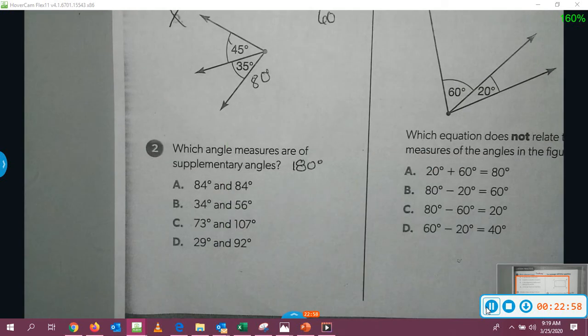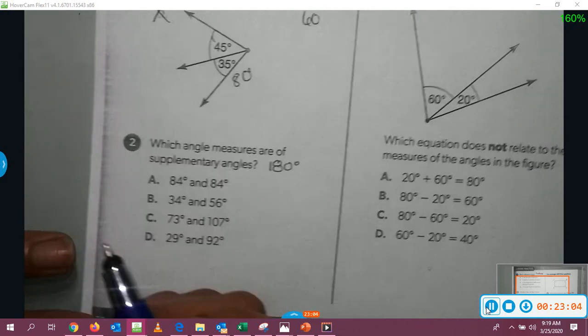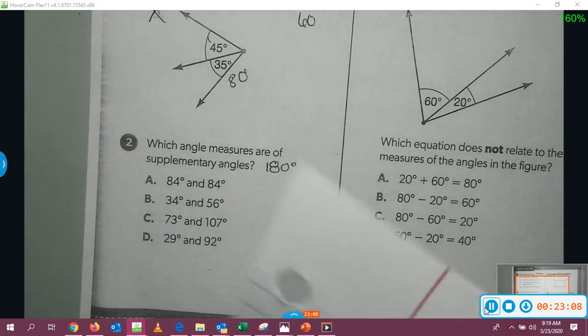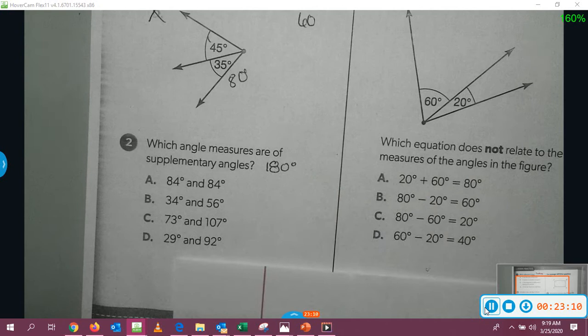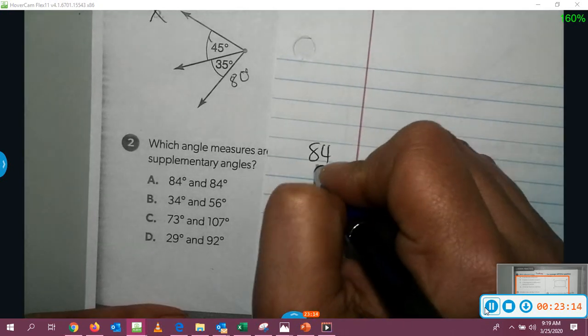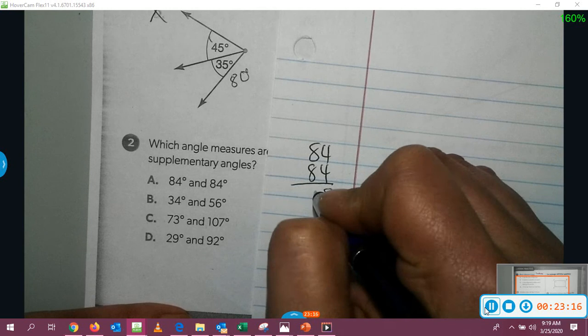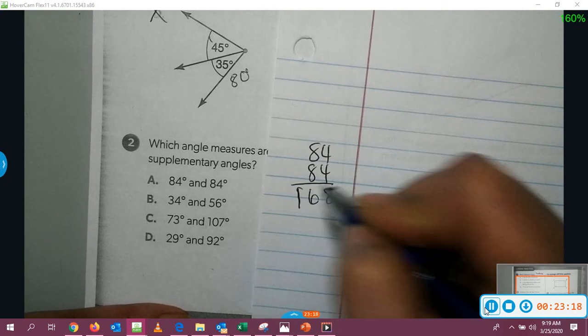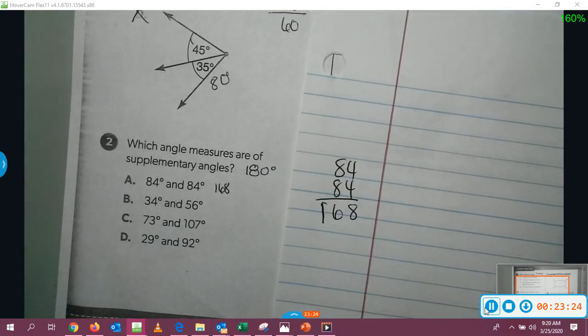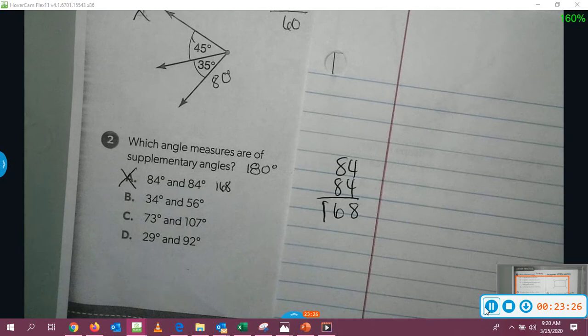All you have to do is add these angles and see what we get. 84 plus 84 is 168. That's not 180, so I'm going to get that out of there.